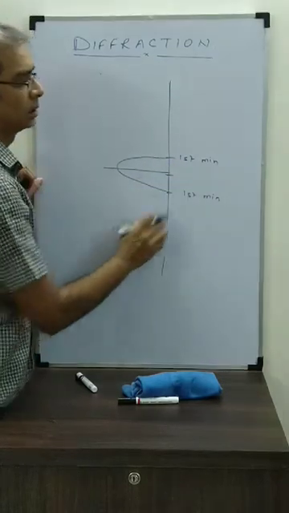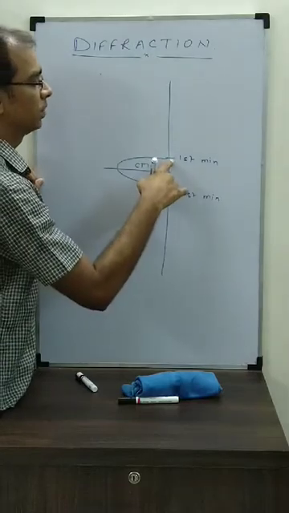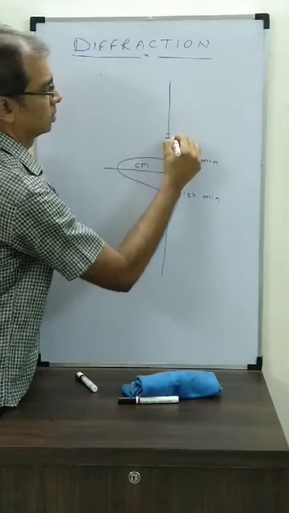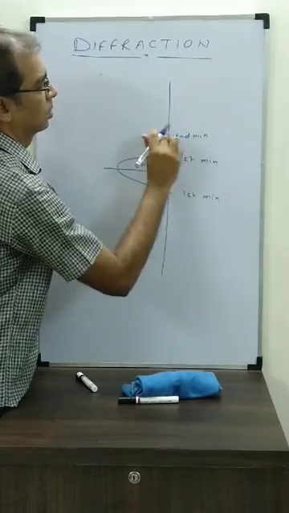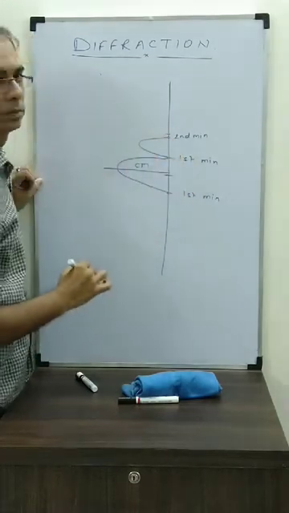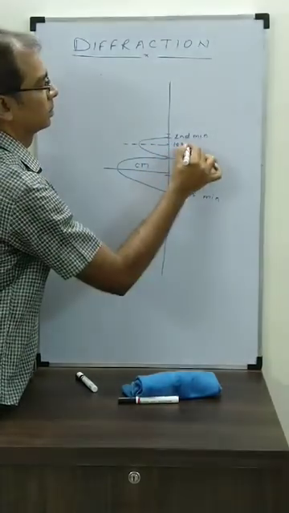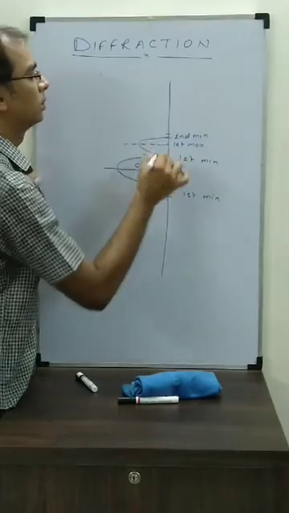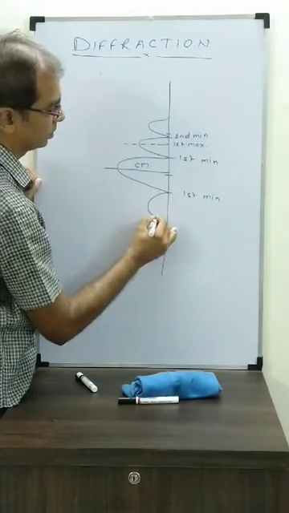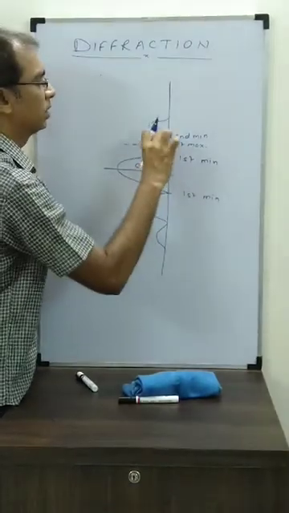That is the central maximum, and this is the first minimum. Now the first minima is here, the second minima is somewhere here, and in between the first and second minima will be the first max. Then there will be another max. So it will be like this. You see that this fringe width is different, and that fringe width is different.